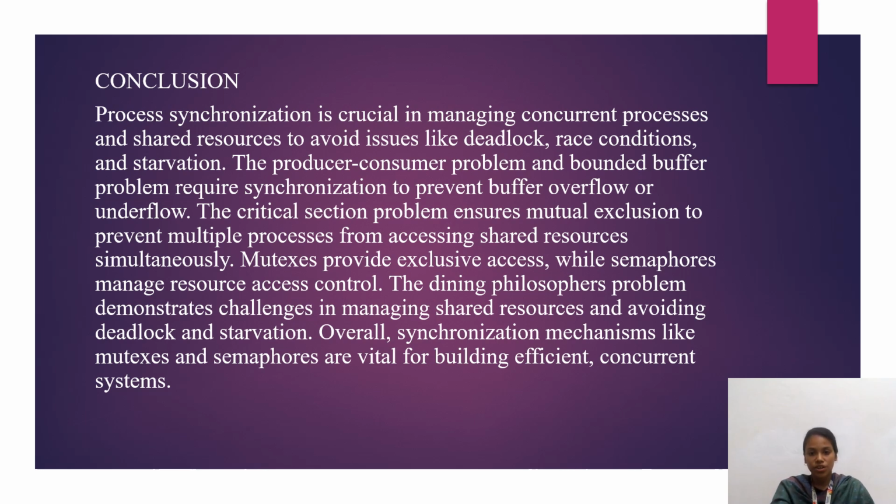Mutex provides exclusive access while semaphore manages resource access control. The dining philosopher problem illustrates challenges in managing shared resources and avoiding deadlock and starvation. Overall, synchronization mechanisms like mutex and semaphores are vital for building efficient concurrent systems.